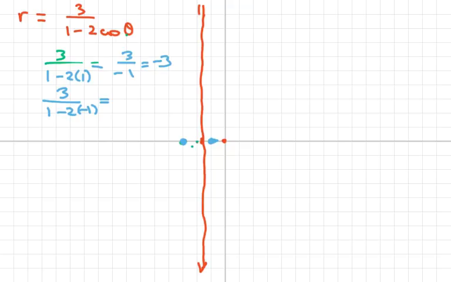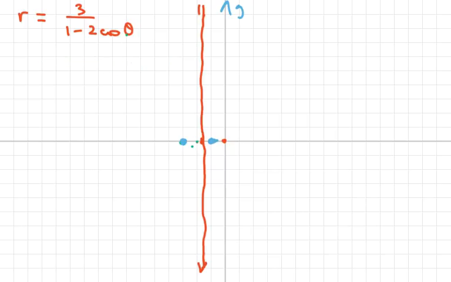Now to get the points on the y axis here, I'm going to use pi over 2 and 3 pi over 2. So we know that cosine of pi over 2 is 0. So we have 3 over 1 minus 2 times cosine of pi over 2.